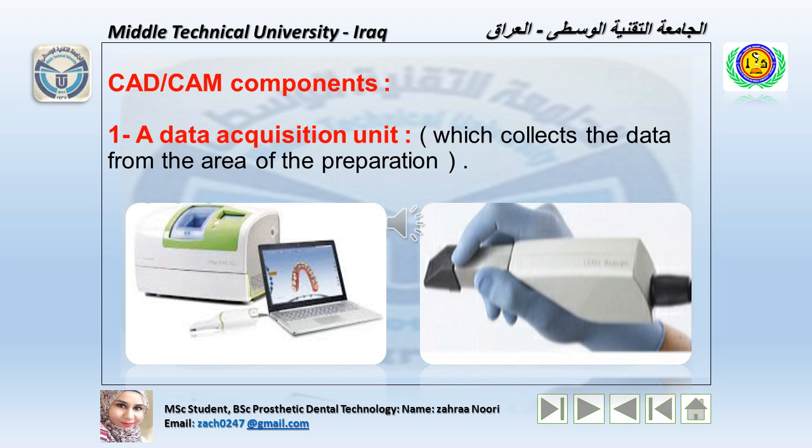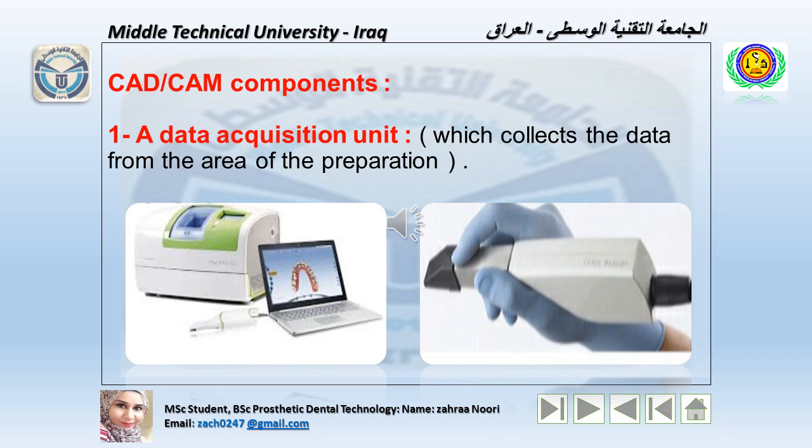Okay, now we have CAD components. CAD systems are composed of three major parts: a data acquisition unit, software, and a computerized milling device.